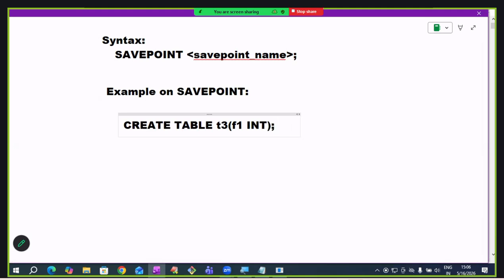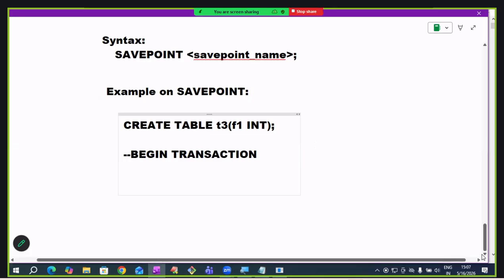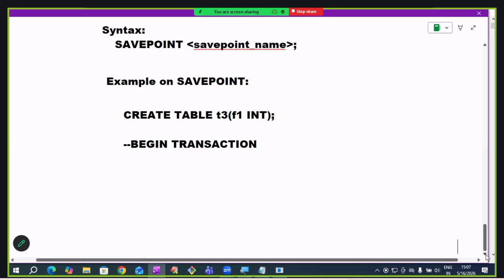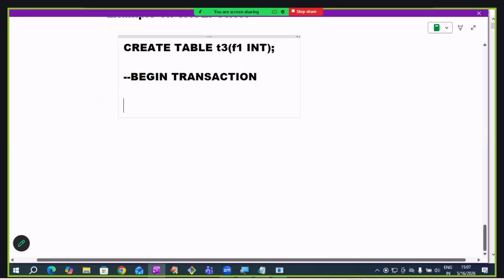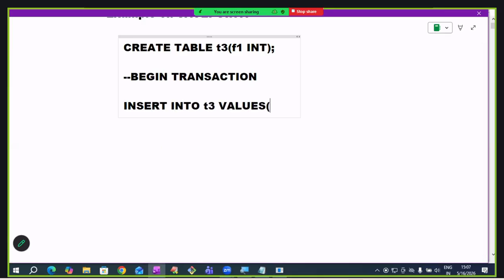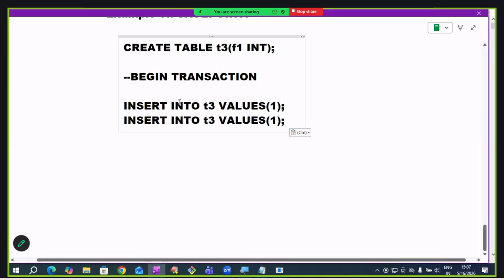Now, my transaction started here. Comment line, begin transaction. Now I'm inserting some records here. I'm performing some actions. Insert into T3 values 1.